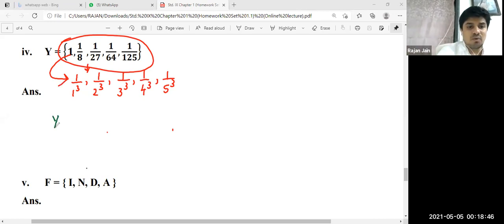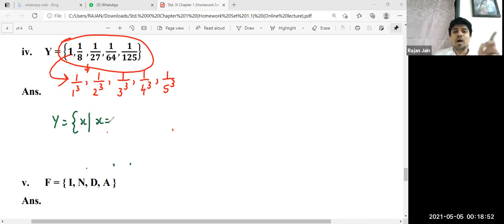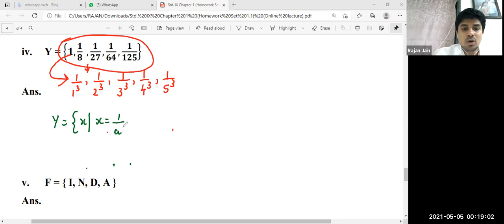I will say Y is a set of all x such that x is equal to, the numerator of everything is 1, so 1 will come in the numerator. In the denominator the index part is the same and the base part varies, so the denominator is a cubed. Understood? Don't just write a cubed. Cubes are in the denominator, so 1 upon a cubed is necessary. Okay, now what are the values of a? 1, 2, 3, 4, 5.